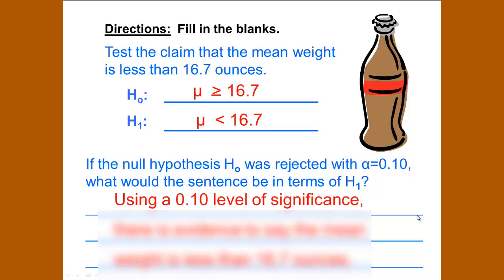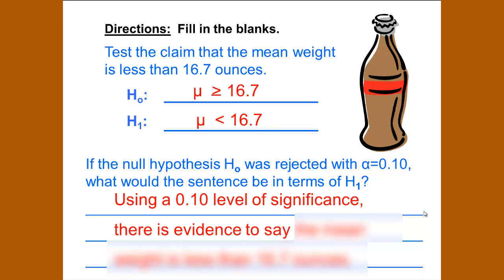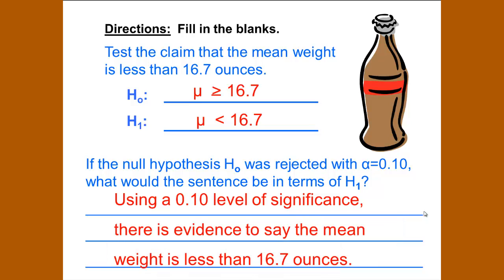It is always concentrating on what level of significance. The second part of the sentence is the phrase "there is evidence to say" or "there is not evidence to say." Since we rejected H0, there is evidence to say. And the last part is just a repetition of what we're claiming, of what's in our original problem, that the mean weight is less than 16.7 ounces. And together that creates our sentence.